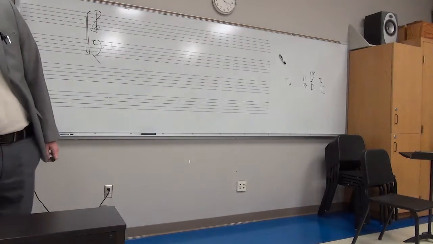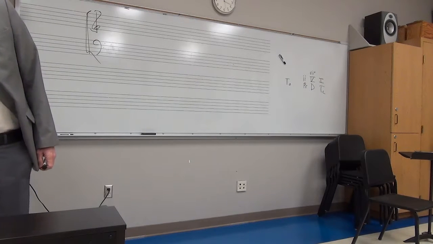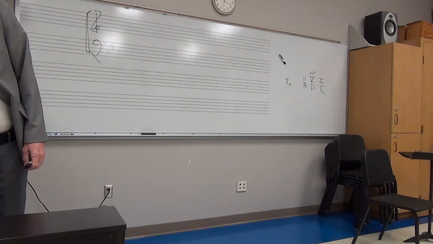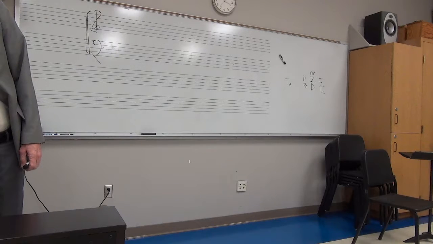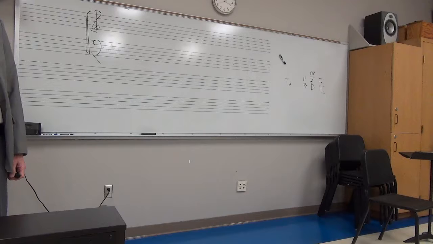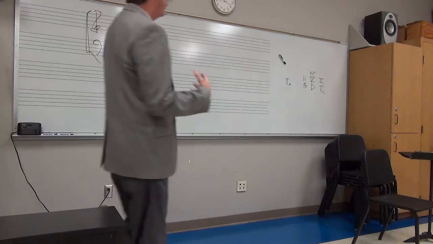If I have this chord, that's G-B-D. If I have this chord, that's 5-7. If I have this chord, that's 7. 7 has all the goody of 5-7 in it. So 7 substitutes for 5.